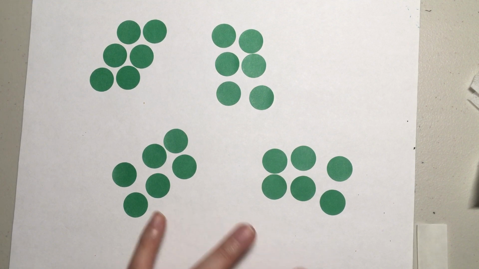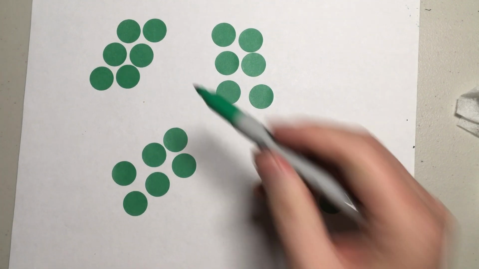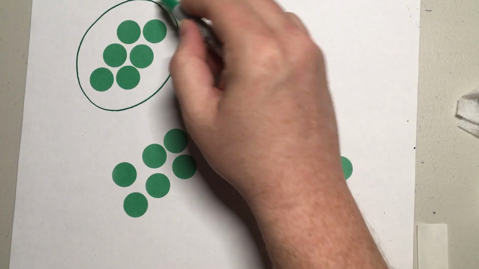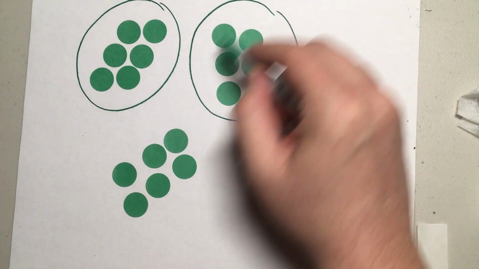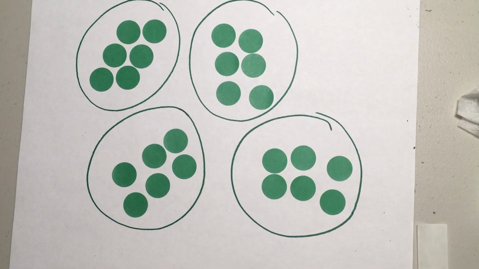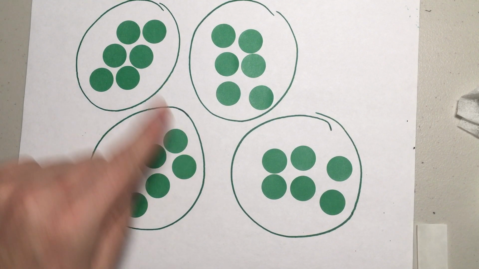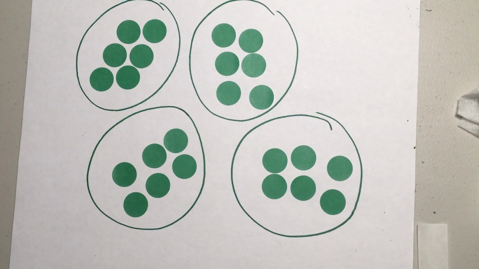Okay, if they get a little bit confused by this, by all means, circle it. Oh, now I see that they're equal groups. And now I see that there's 4 of them. And now I see that there's 6 in each equal group. I guarantee kids are going to respond to stuff like that when you show them.